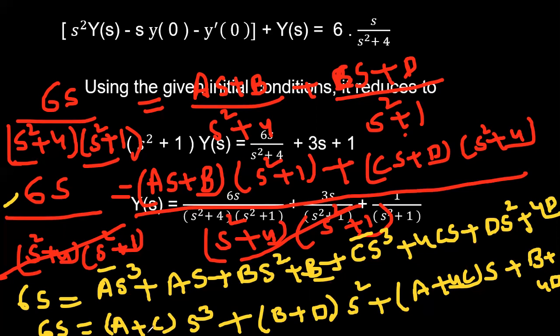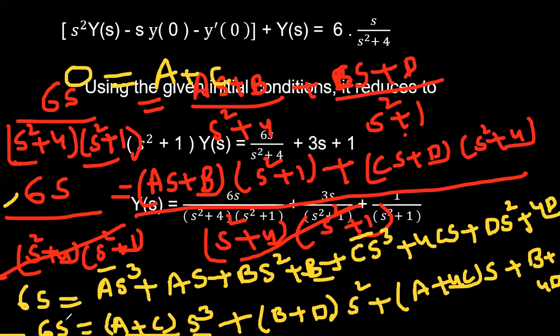At the RHS side, the s power 3 coefficient is A plus C, and you similarly compare the like power, the s power 3 term at the LHS side. If you don't have the s power 3 coefficient at the LHS side, then you have to assume it as 0. That is nothing but 0 is equal to A plus C in the RHS.